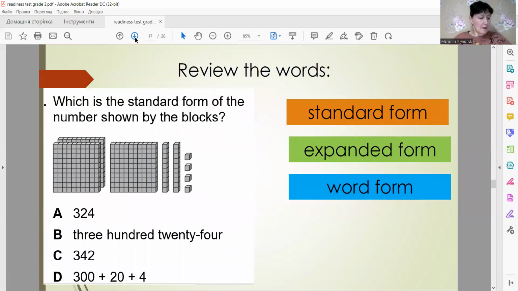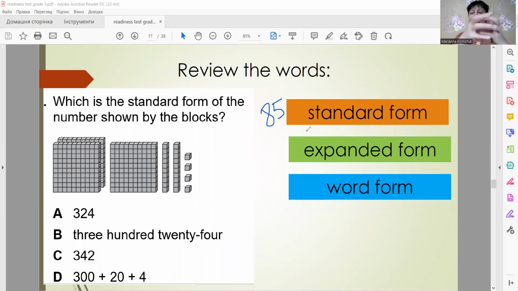Okay, this is also what we need to remember from grade 2. These words: standard form, expanded form, word form. So yesterday we reviewed that standard form is just a number, a simple number. So this is our standard form, just a number, any number.